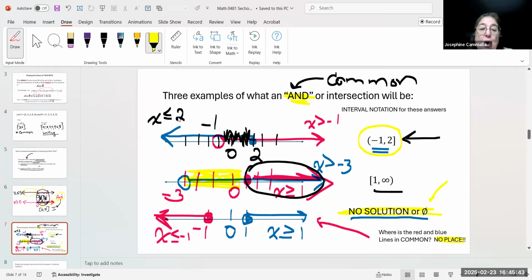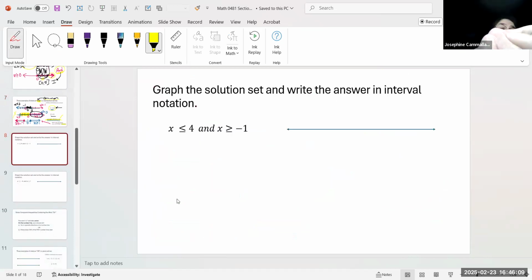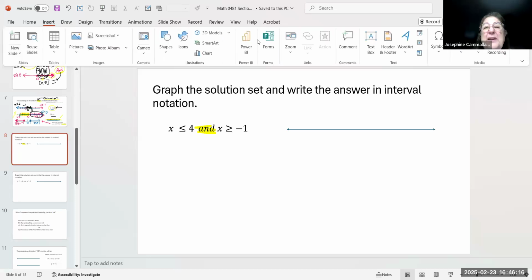Common. What's in common? So if you have something like number 2, it could also go in the opposite direction. But remember, common. That's the "and." And let me show you. You see this word "and."